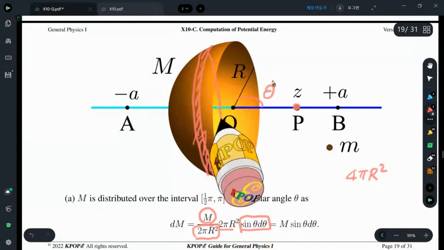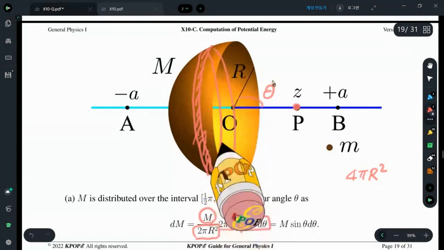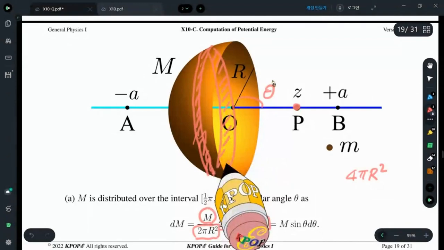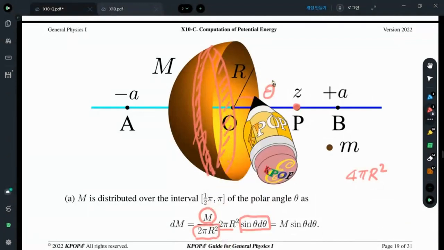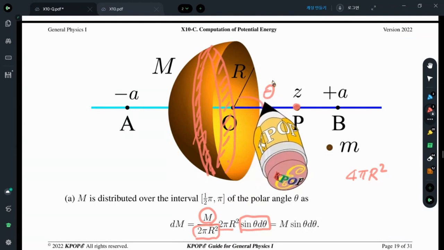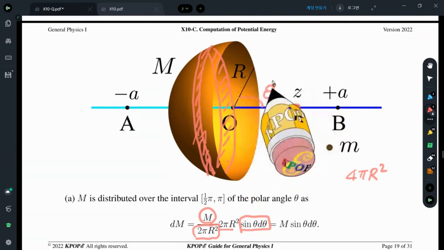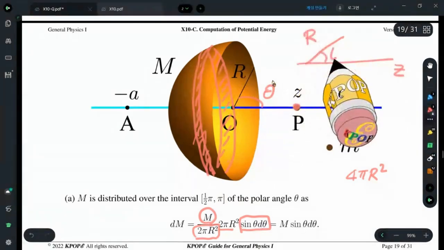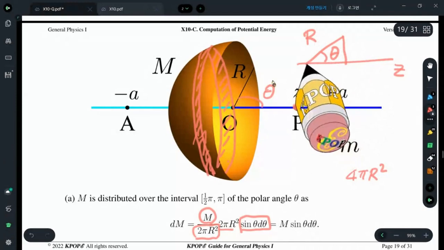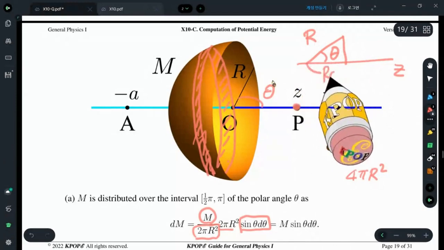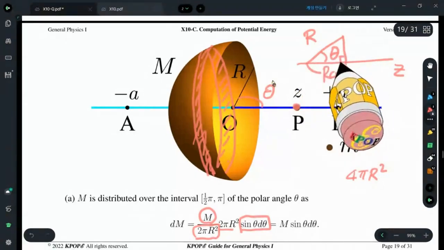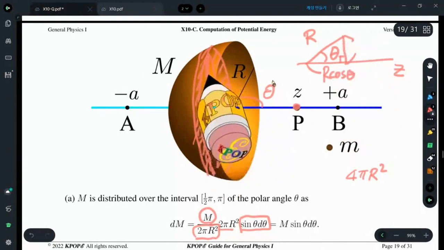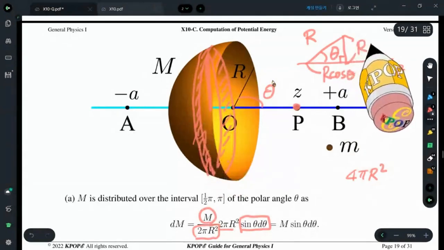And what is this area? If I choose this to be theta, for example, this z-axis, r and theta, and the z component is just r cosine theta, and this is a right angle. This perpendicular distance is r sine theta.